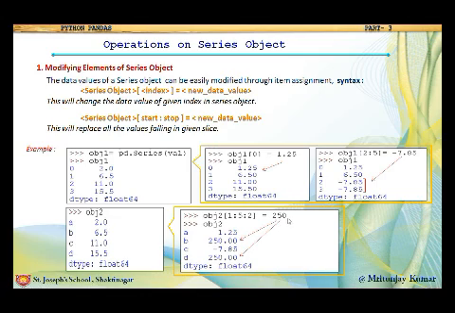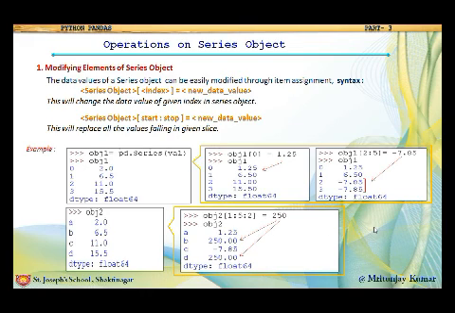So 250 will be assigned to index 1, that is the second, and then with the step value 2, to the next one, that is D. So you can see index B, that is 1, and index D, that is 3, have been replaced with the new value 250.